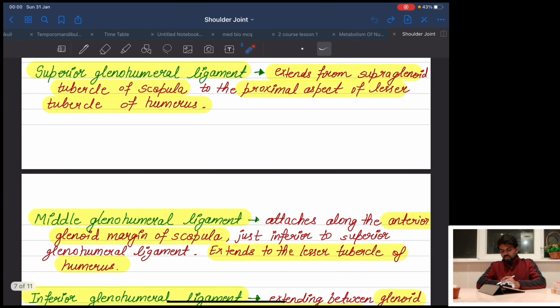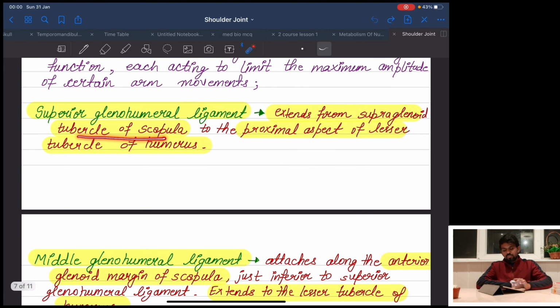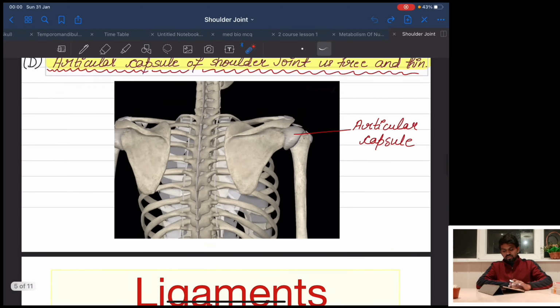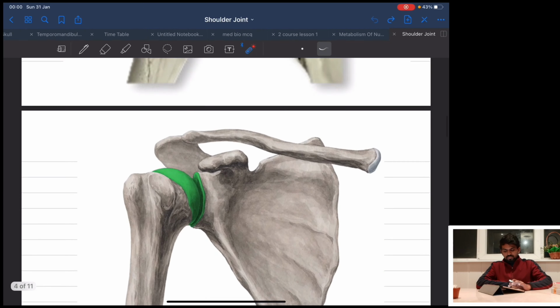Superior glenohumeral ligament. This extends from the supraglenoid tubercle of the scapula and attaches to the lesser tubercle of the humerus. Supraglenoid tubercle of scapula. We have studied the scapula above.